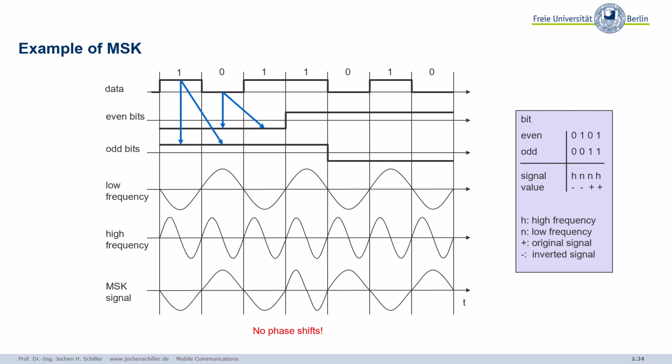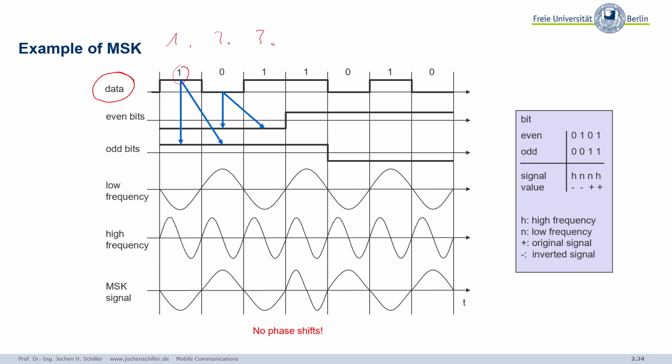Okay, example. First of all, we have our raw data. Raw data, that means our ones and our zeros. So what the system does is, internally, it doubles the even and the odd bits. So let's assume that's the first bit here, second bit, third bit, just for the example.